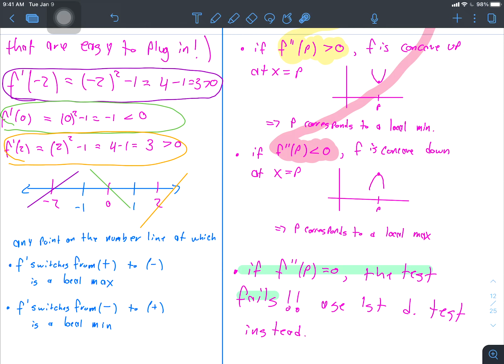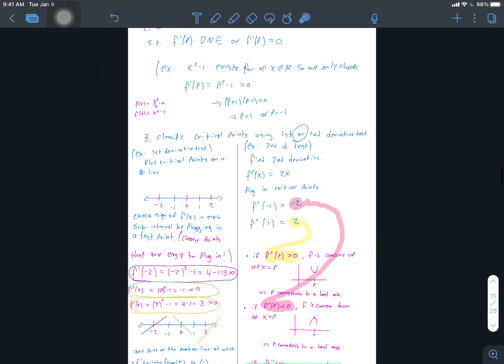And the crucial thing to remember about the second derivative test is if we get 0, we don't learn anything, and we need to go back and do the first derivative test. So in this case, I think it's a lot less work. For the second derivative test, this was all I did. I just took the second derivative and I plugged in, and it was that easy. So the second derivative test is sometimes a lot simpler than using the first derivative test. But it comes with the caveat that it doesn't always work.